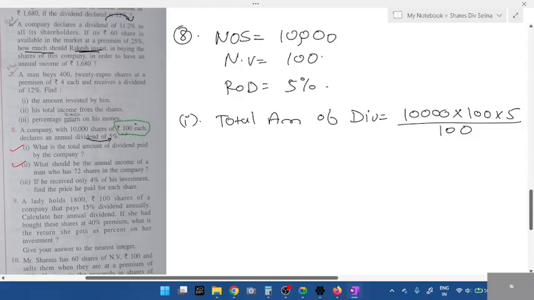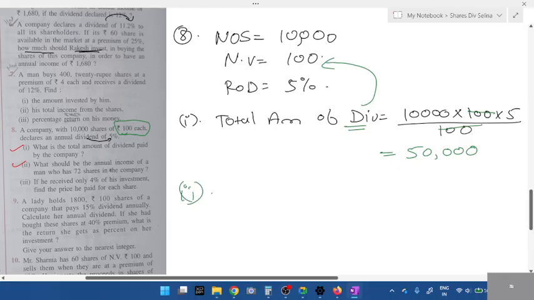Here they get confused whether it is market value or nominal value. But for dividend, which is required, nominal value or market value? Nominal value. So it is obviously nominal value 100. So 100 and 100 get cancelled. What's the answer? 50,000. This is easy.